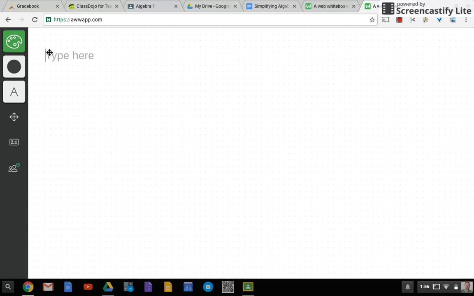I can type faster than I can write on this thing anyway: write each fraction as a sum or difference. So there's our directions.